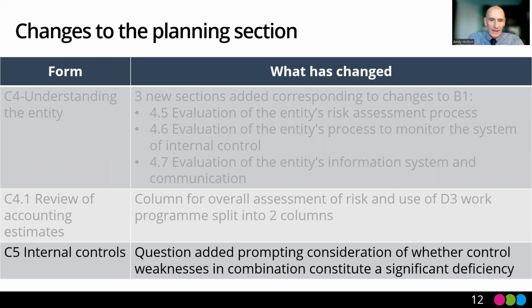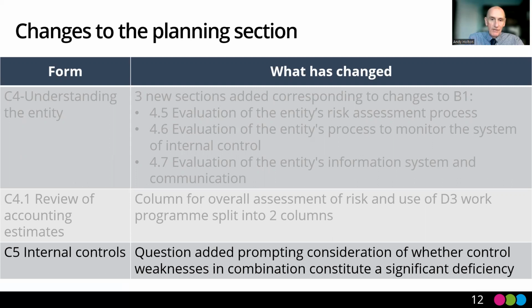And then finally here, looking at C5 internal controls, a few questions have been added, prompting consideration of whether control weaknesses in combination constitute a significant deficiency. So this will be where we identify a number of weaknesses, and each weakness individually doesn't appear to be that significant.